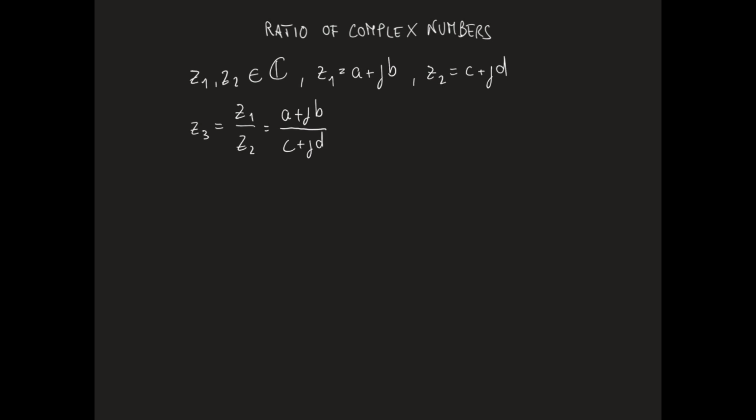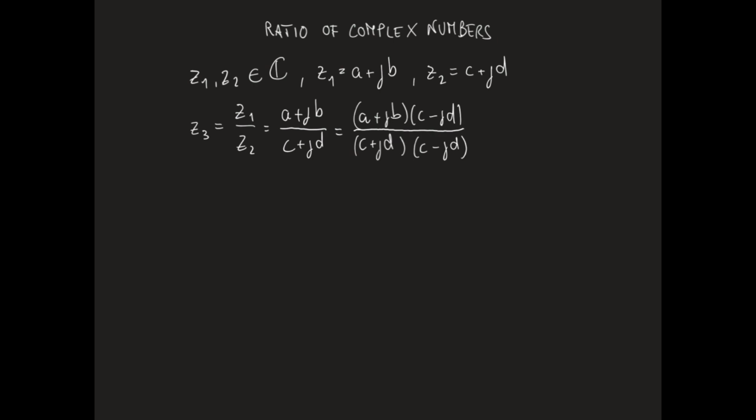We then rationalize the denominator, which means that we multiply both the denominator and the numerator by c minus jd. So the numerator will be a plus jb times c minus jd.